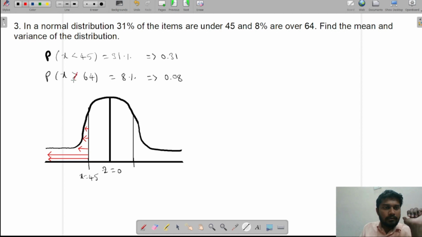Now we have the symbol greater than. If I have greater than, then our area, can I say, is from that line to the right side? Yes. So this is the point at x equal to 64, and from this line your area is towards the right side.